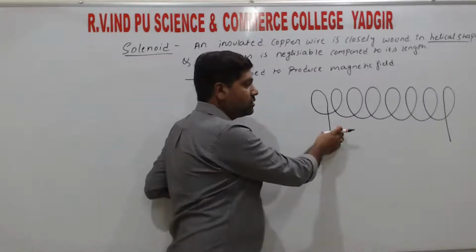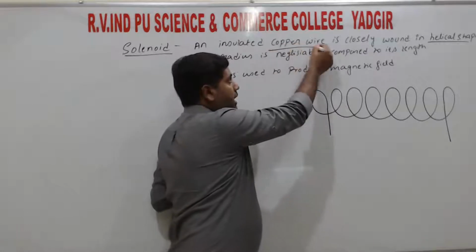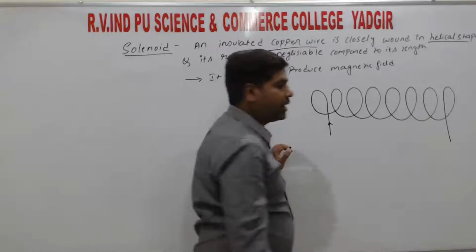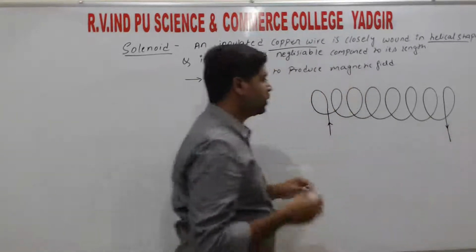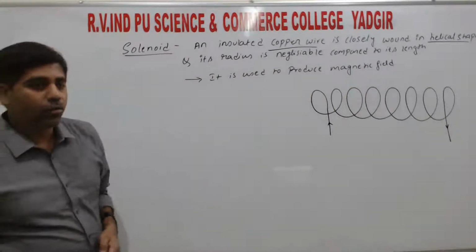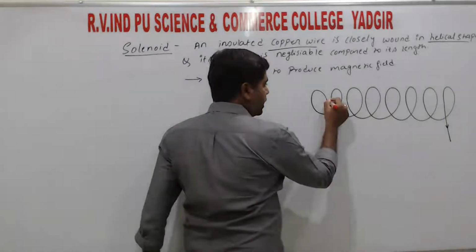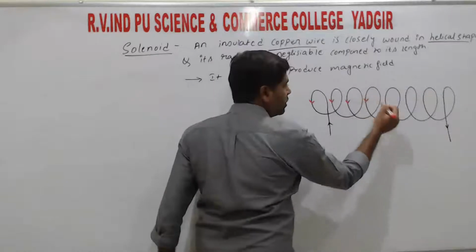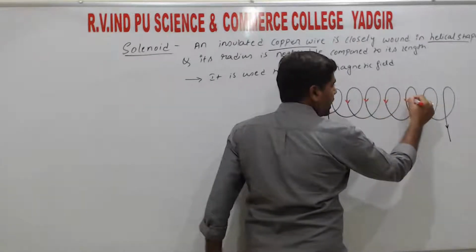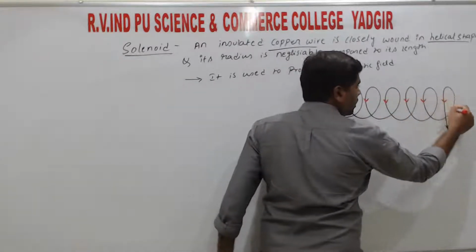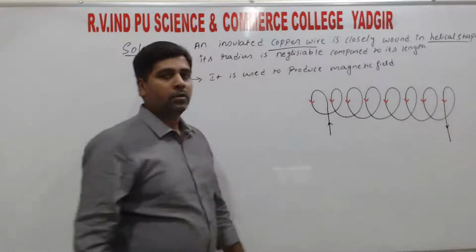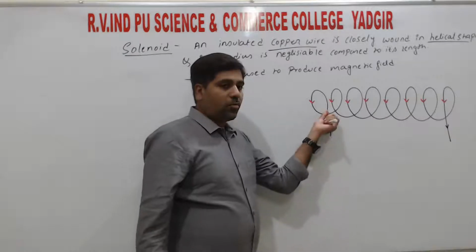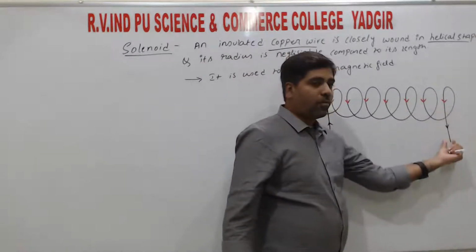As this is the conductor, the copper wire is again a conductor, so current is flowing in the conductor, right? The current direction becomes very important. If the current goes from this side, we consider one side: this is the direction of the current, inside the board, and here it comes from outside the board.